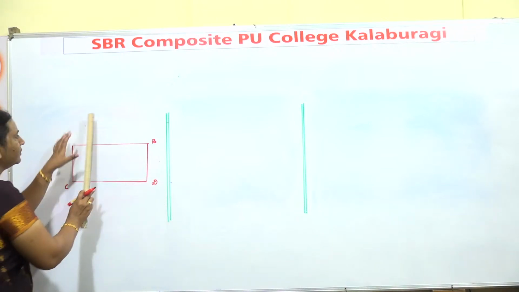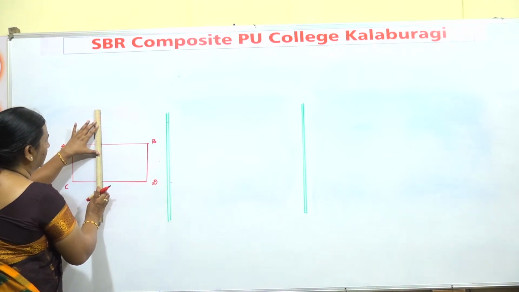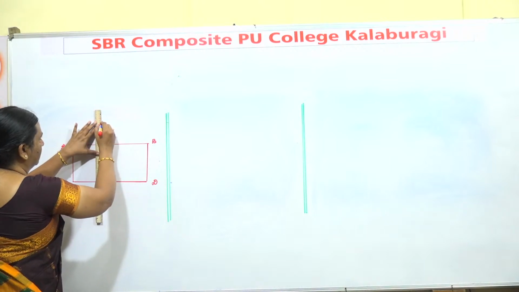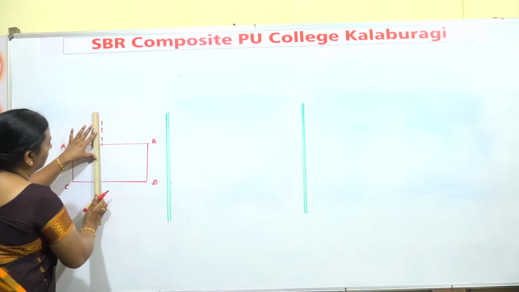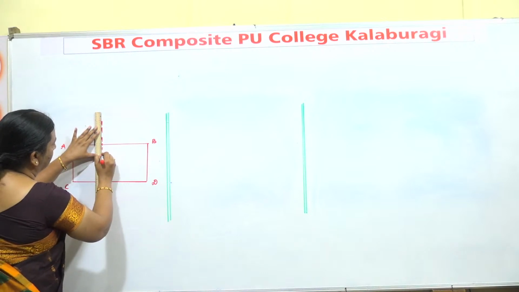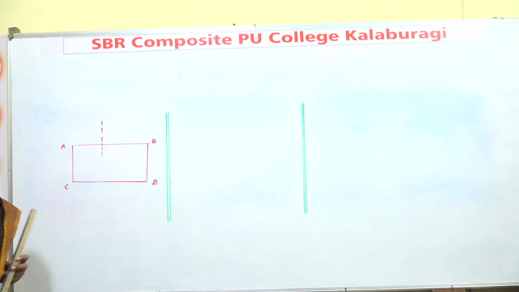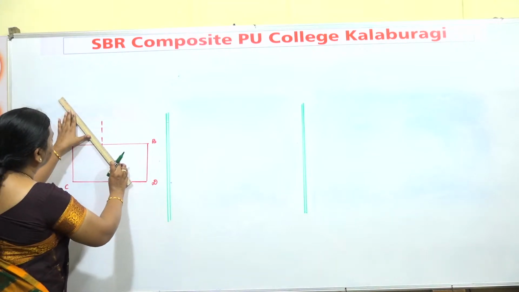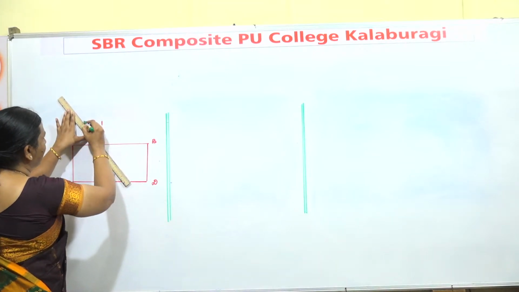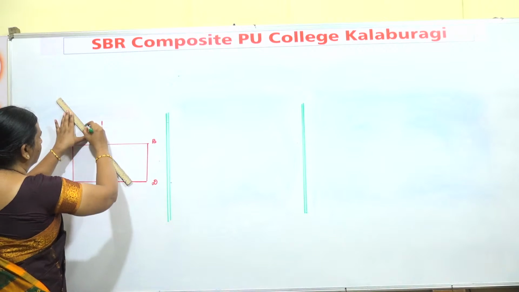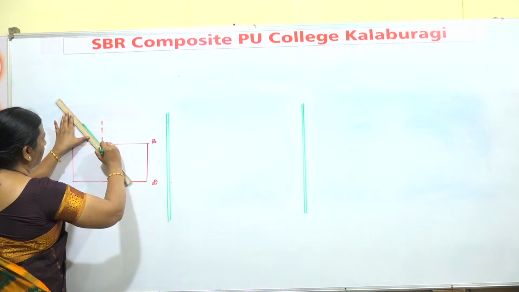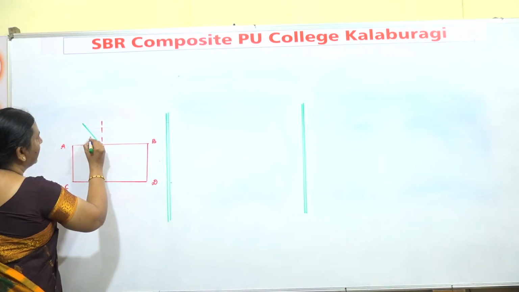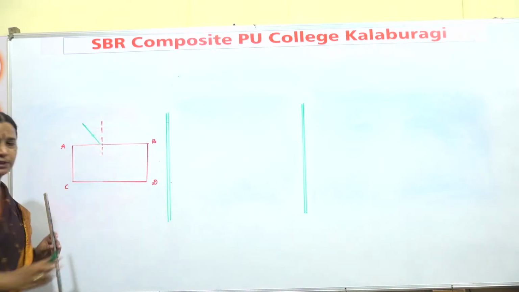And if I make a light ray incident on the interface AB, it has to traverse.